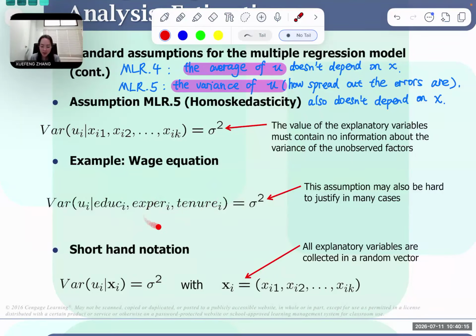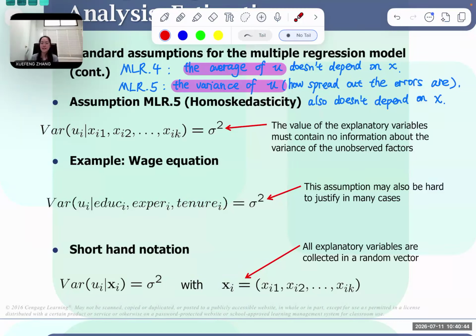The slide notes this is actually hard to justify in real life. Think about it. For example, wages tend to vary a lot more for highly educated people since some go into high-paying jobs and some don't, while low-education wages tend to cluster more tightly, so this assumption often fails in practice.